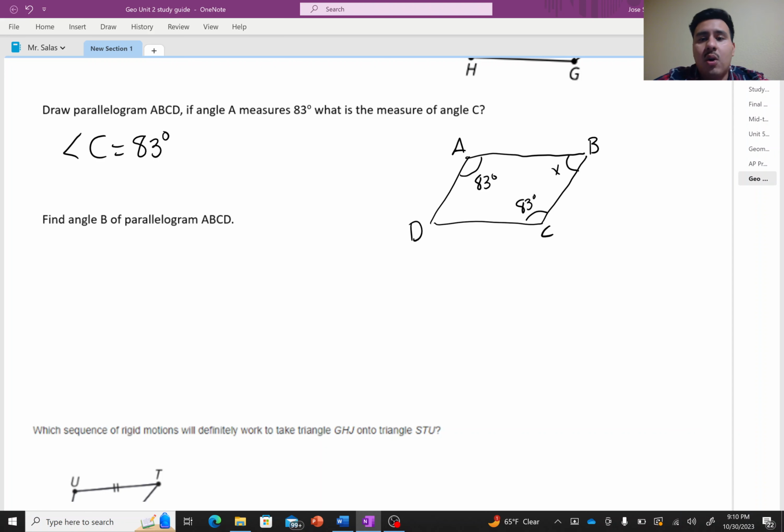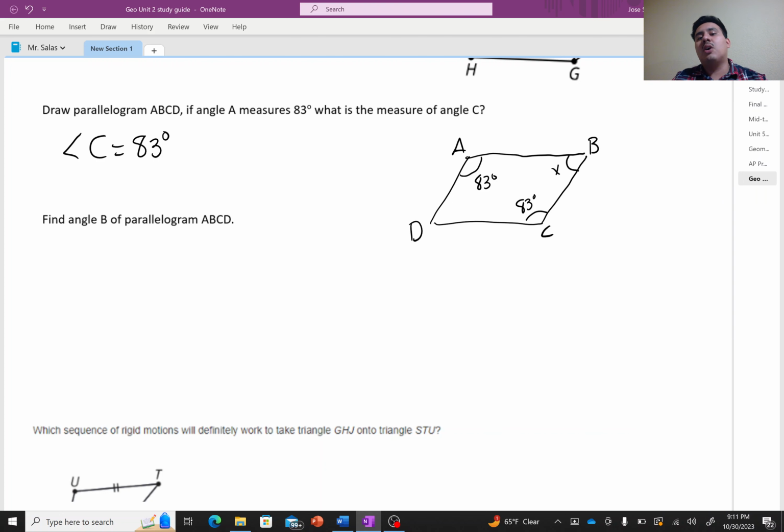If I know A is 83 degrees and B is some unknown measure, the way I'm going to figure that out is to ask myself, how many degrees are on a line? If you don't know the answer, I'll give it to you. There are 180 degrees in a line.